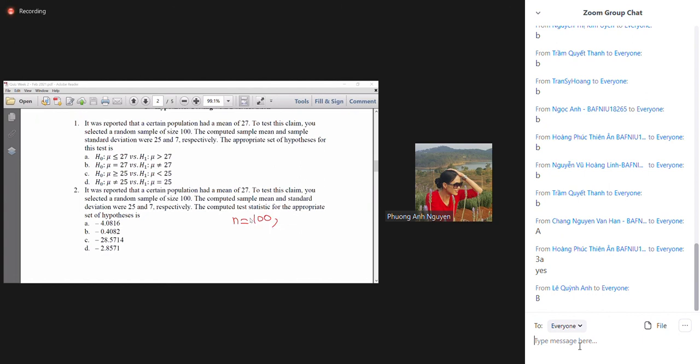H0 here. Sample mean. So you take a sample and calculate the mean. You get x bar equal to 25. What is your answer already?